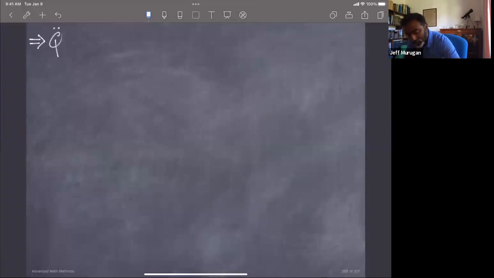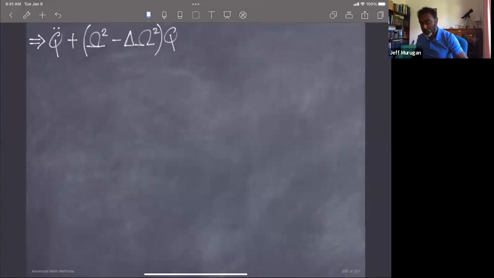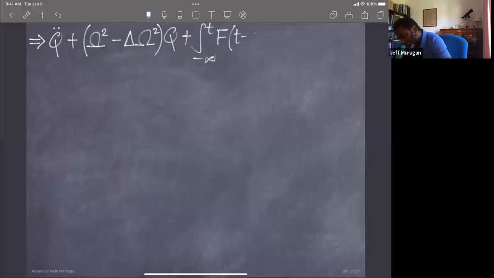Q double dot plus omega squared minus delta omega squared Q plus the integral from minus infinity to t of F of (t minus tau) q of tau d tau equal to 0.